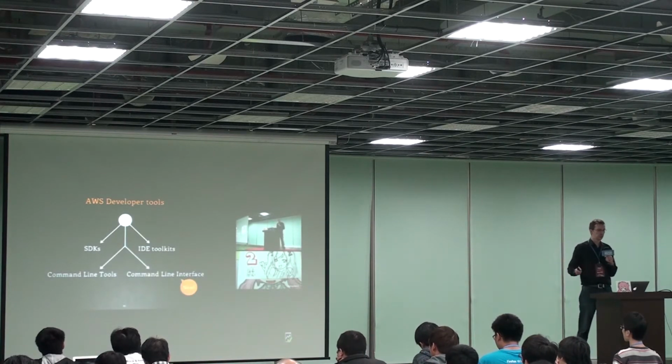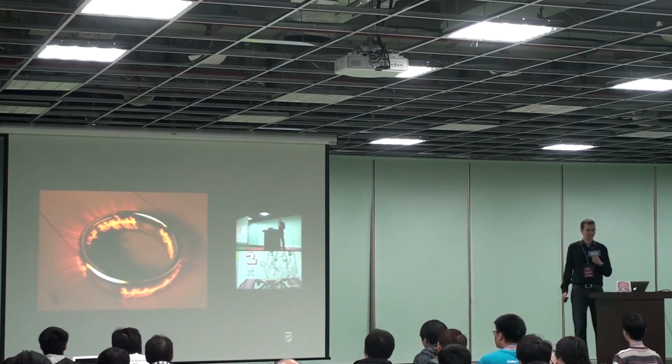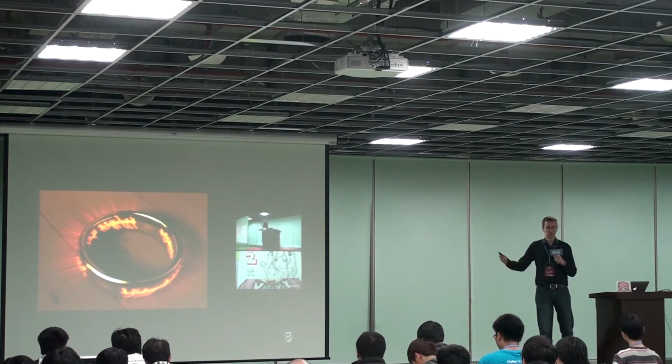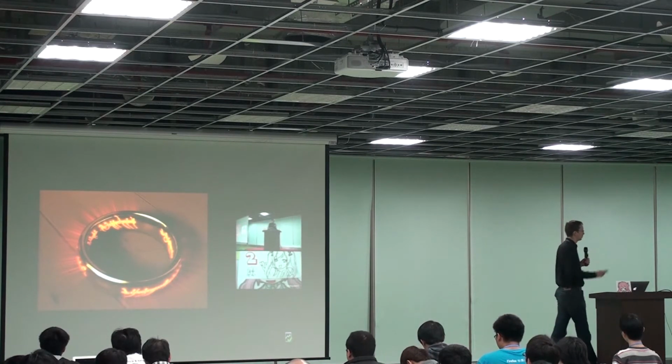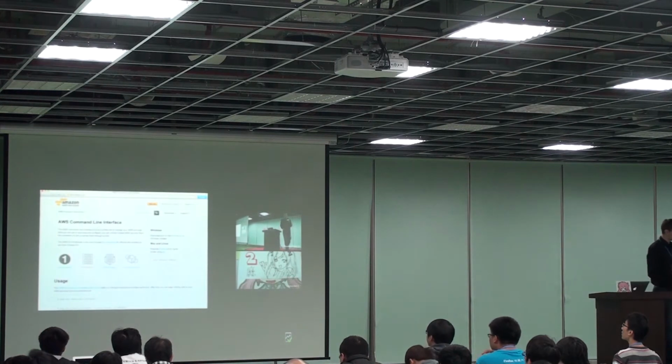And we have a new unified command line interface. The command line to rule them all. We used to have different command line interfaces for the different Amazon services. That was a bit painful, yes, we know. That's why now there's one unified command line interface that lets you do really cool things. I personally prefer this.